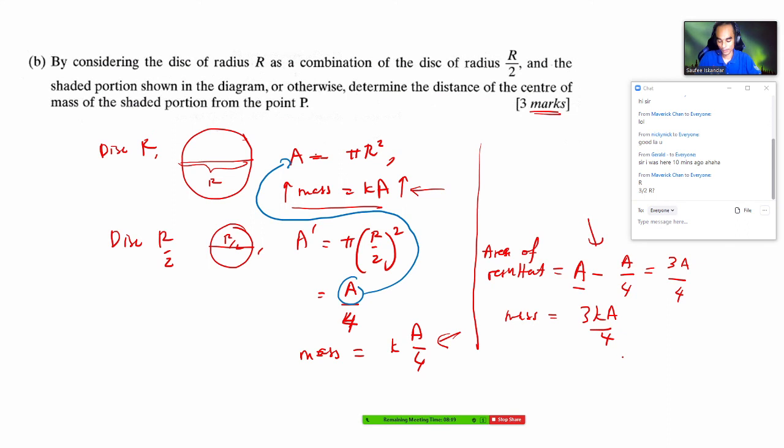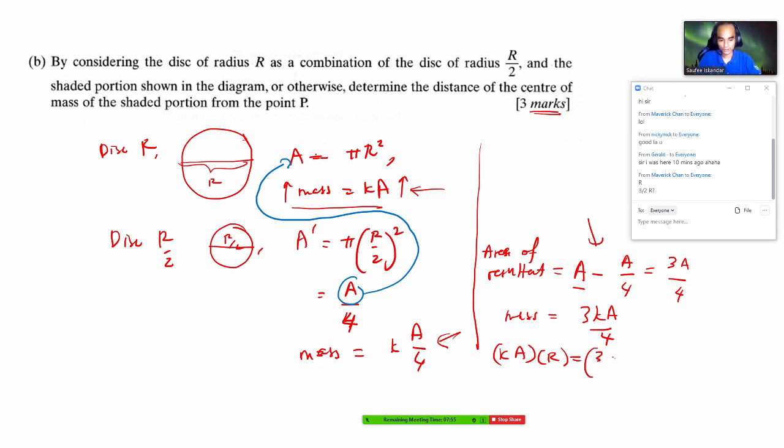So if you total up everything, there is kA times R. The whole thing equals the partial contributions by the disks.